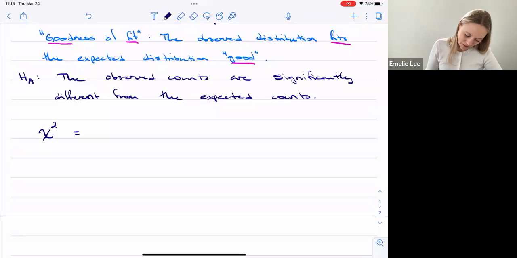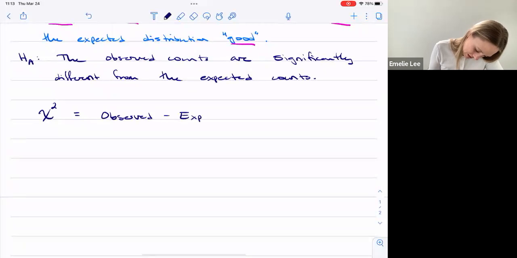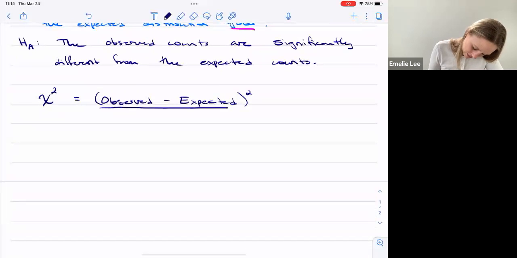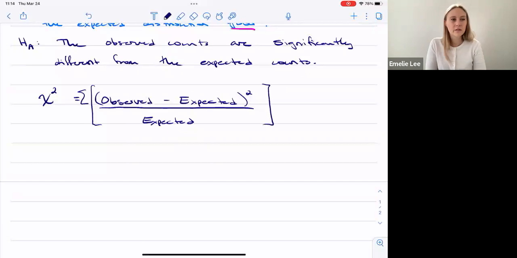And so you have the observed counts, observed minus the expected counts squared divided by the expected count. And then you have to add these all up. Right?